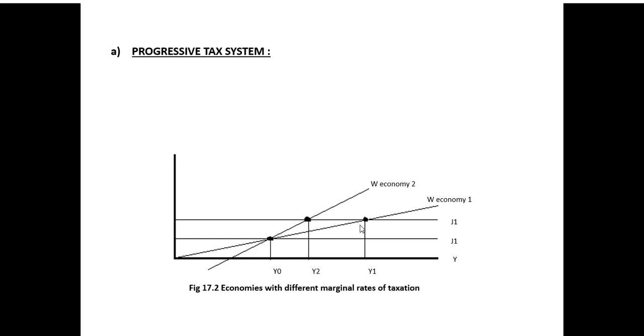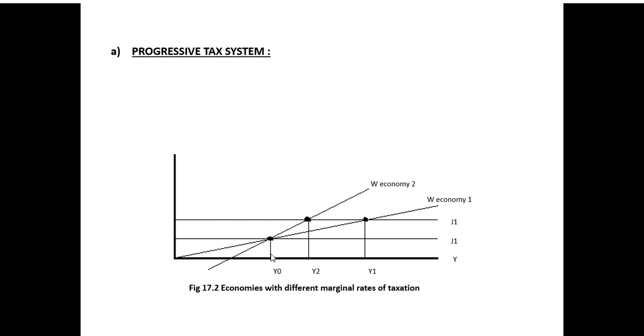But in this economy, which is the American economy, the propensity to tax is much lower. Let's say it's only 20%. So when the income increases by $100, what happens? The government takes only $20 as a tax. The propensity to tax is much lower. So because of this injection, now the incomes will not rise by 50, the incomes will rise by 80.